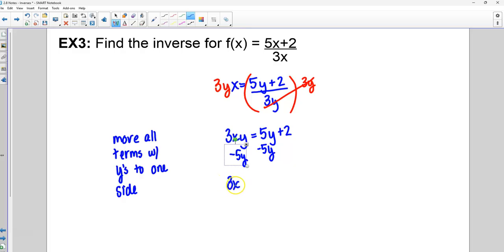So we got 3xy minus 5y equals 2. Now, believe it or not, we're really close right here because both of these terms have y's. And since they both have y's, I can factor out a y.